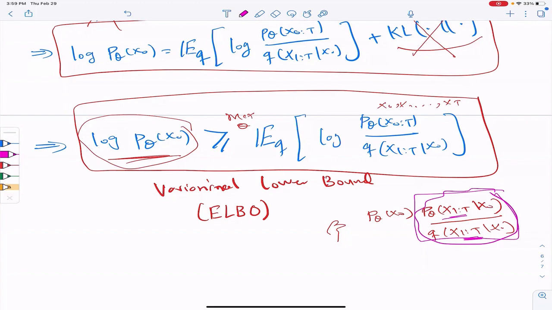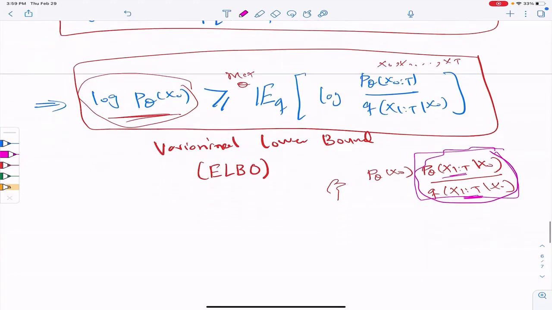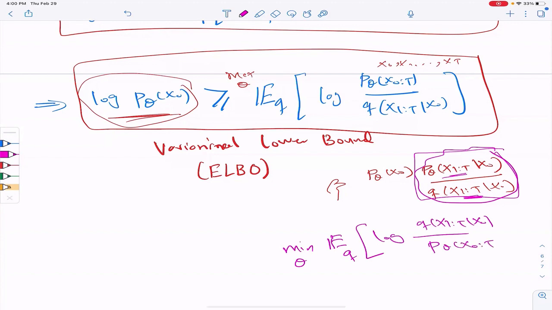Again, in a very hand-wavy fashion, you can bring this q to your numerator, bring this p to the denominator, and minimize this, right? So adding a minus sign, this will be minimizing over theta, expectation over q, this term, q of x1 to t given x0 over p theta of x0 to t.